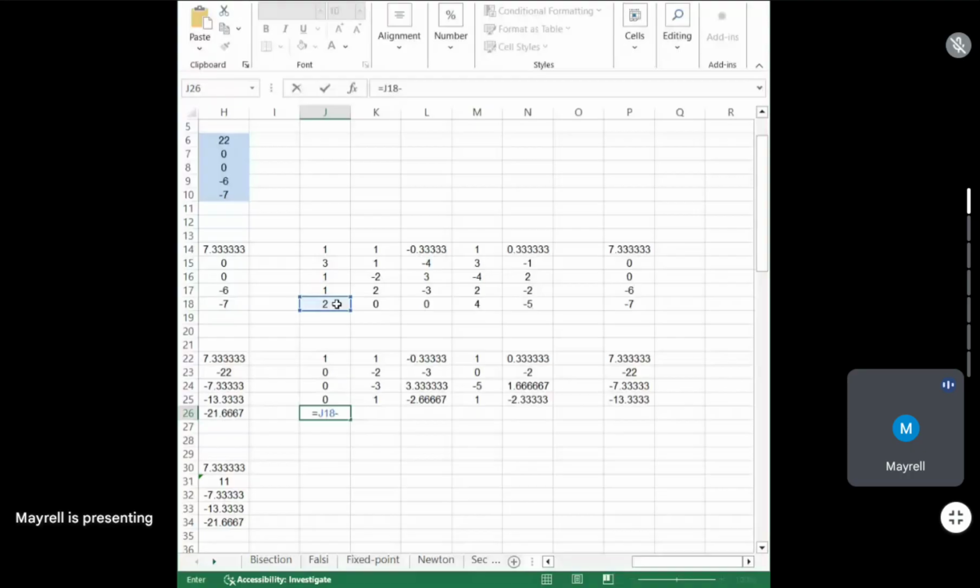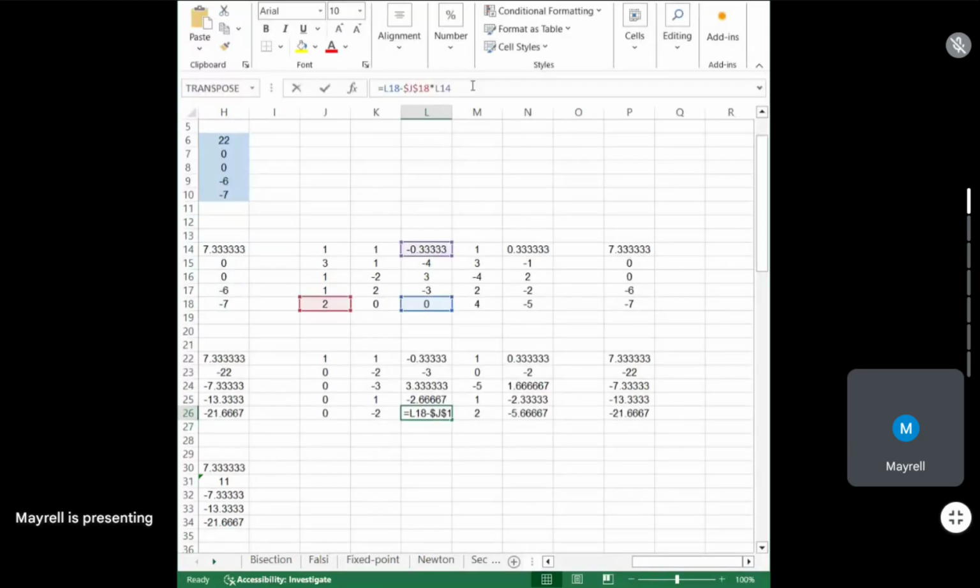Okay, so the other elements. So this is for row 5. Okay, that's for row 5. And then, so muna siya.